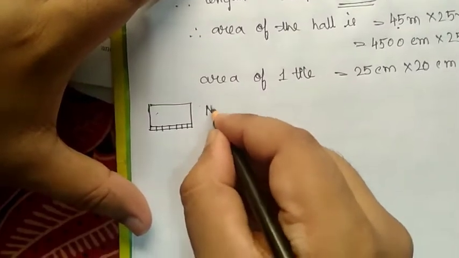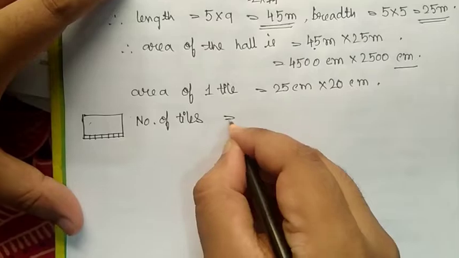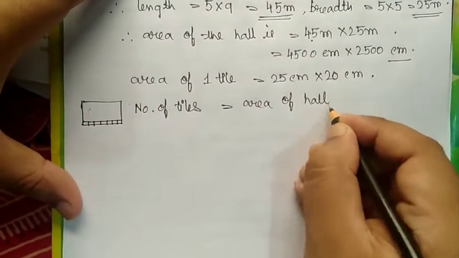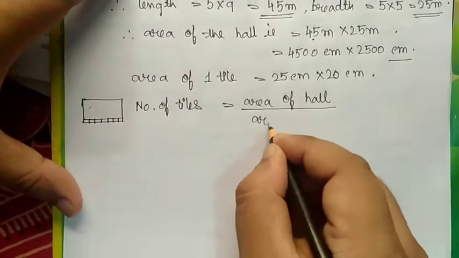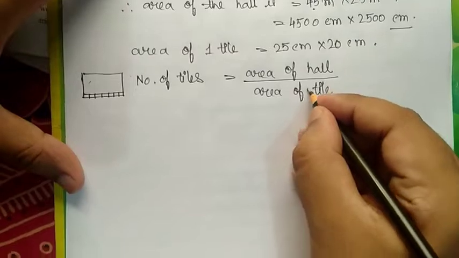So number of tiles equal to area of the hall by area of one tile.